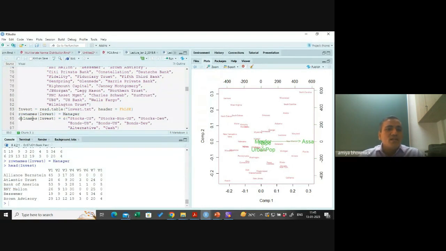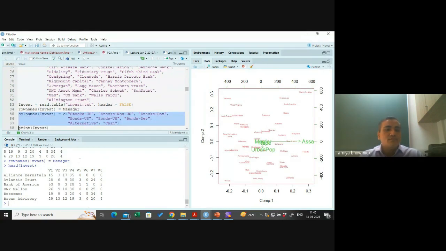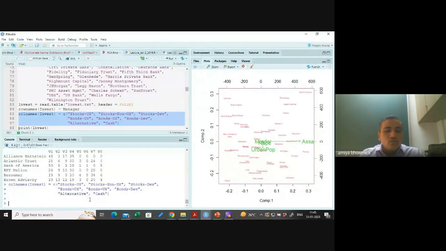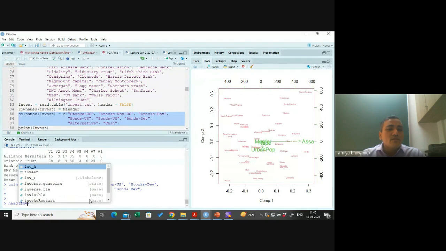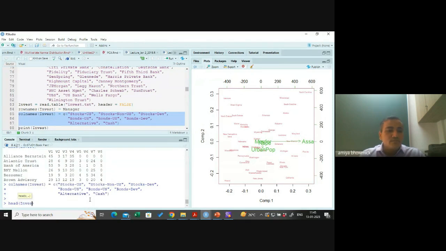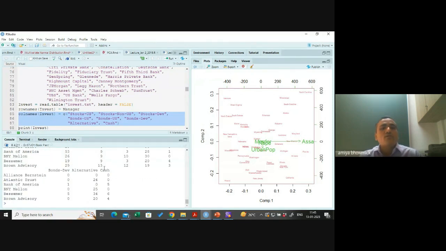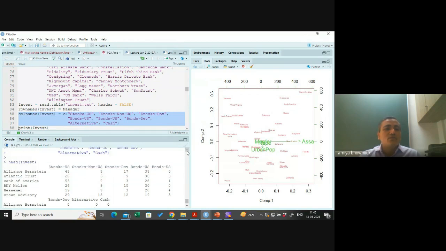Similarly, you can also set column names. Now you print some of it. So now you see this is the view you have got. The first row, or third row, corresponds to Bank of America.